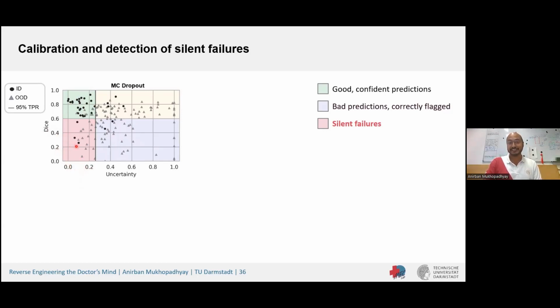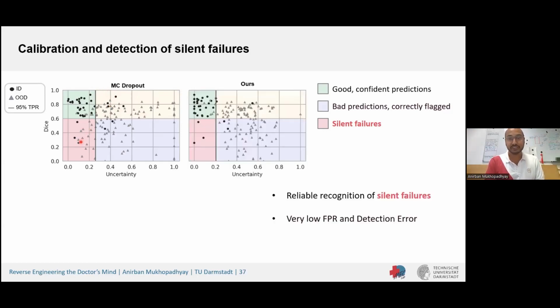So you are quite certain that you are doing well, even though you are actually doing badly. And what you are looking at here is the second performing method in this setting for post hoc, Monte Carlo dropout. You see quite a lot of data points in this quadrant, which is thrown away for our particular method. So we are pretty reliable in terms of detecting these silent failures.